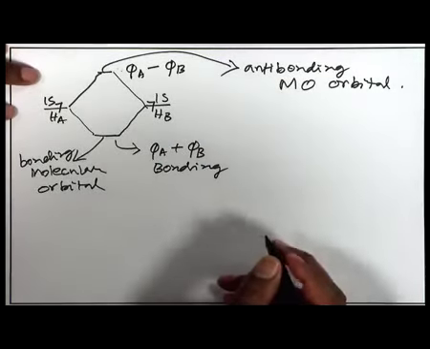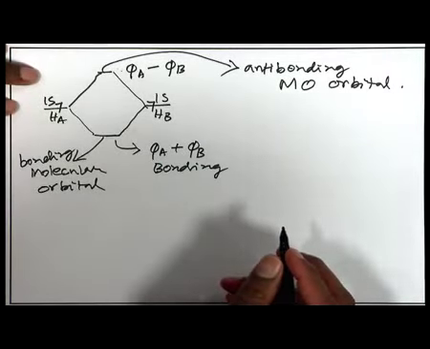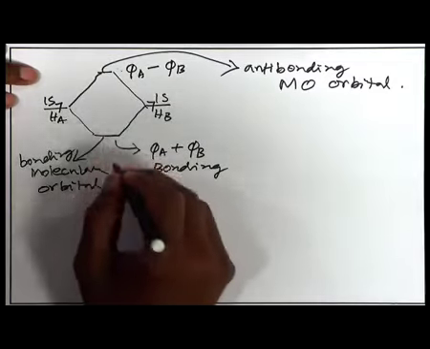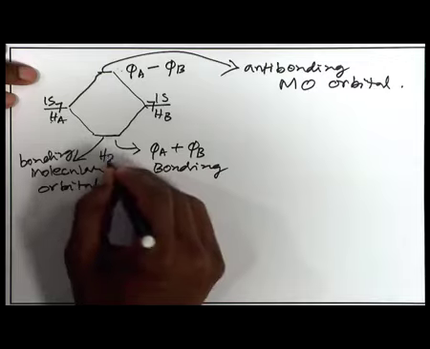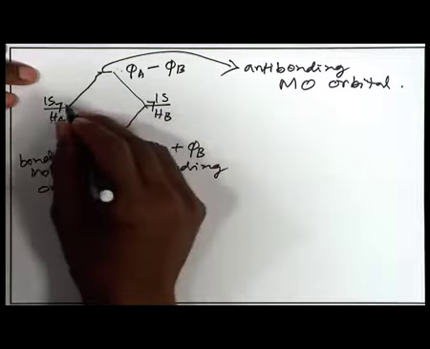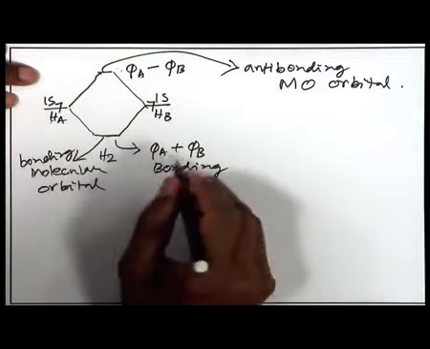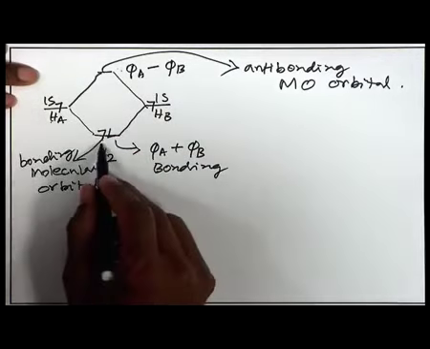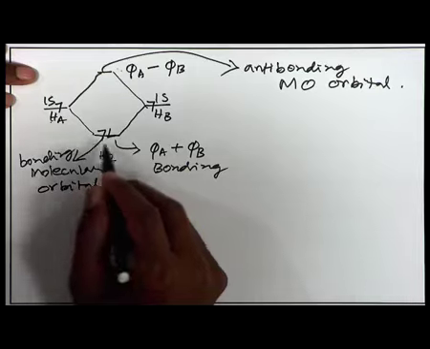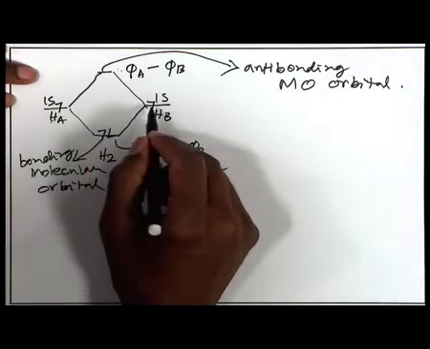Now, if you take a hydrogen molecule itself, these two electrons will occupy the lowest energy level. Both will go to this lower energy molecular orbital. This is higher energy, electrons will not go to this one.